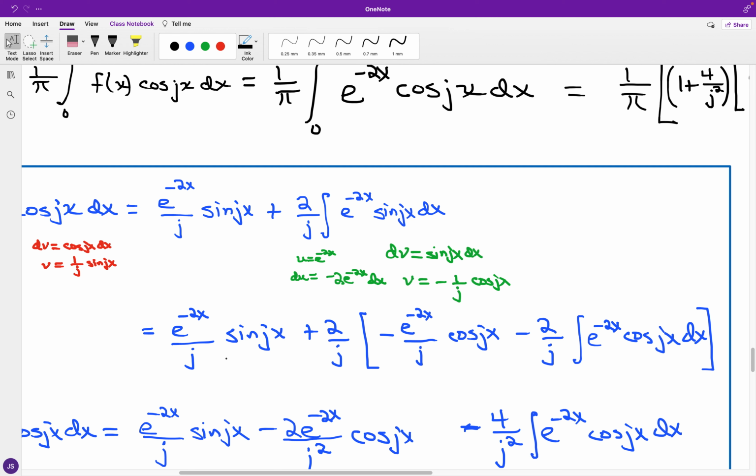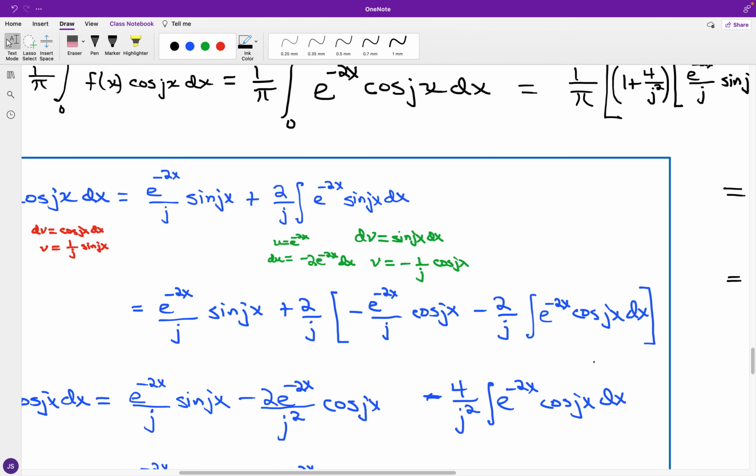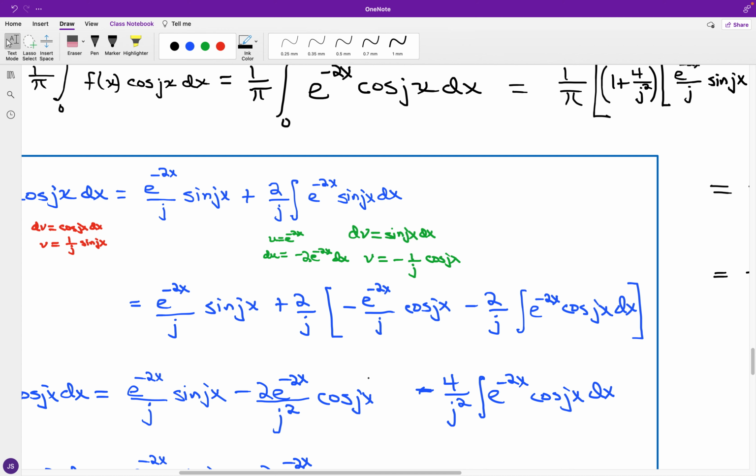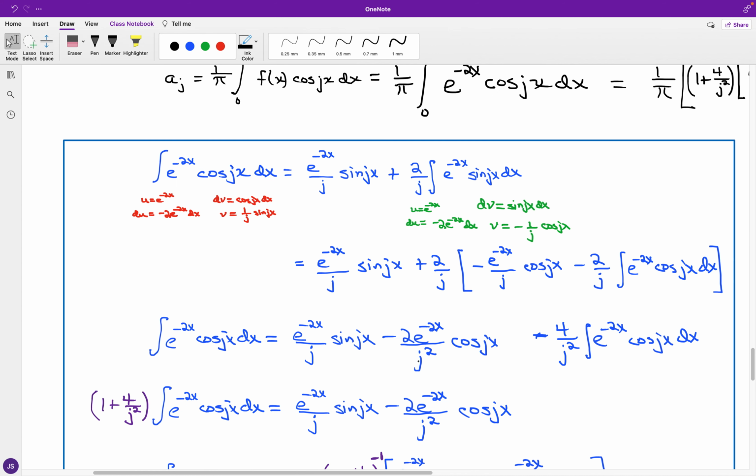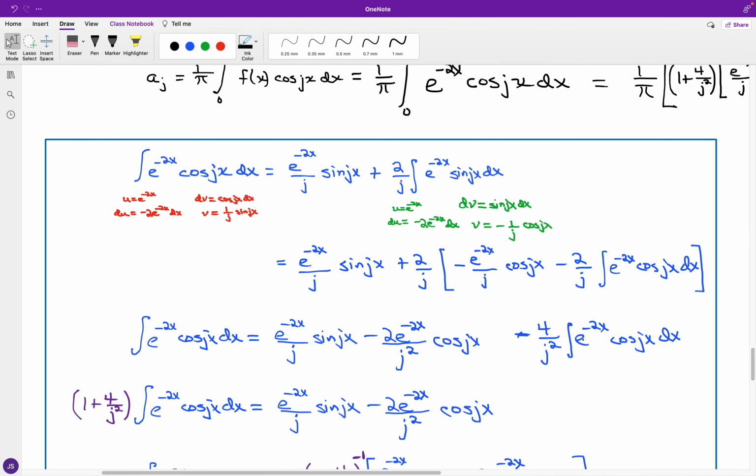Just continuing, we have 2 over j times all of u times v minus the integral of v du. Once we distribute 2 over j, we end up with like integral terms with what we started out with, and to the right we have minus 4 over j squared times the integral of the exact same terms.